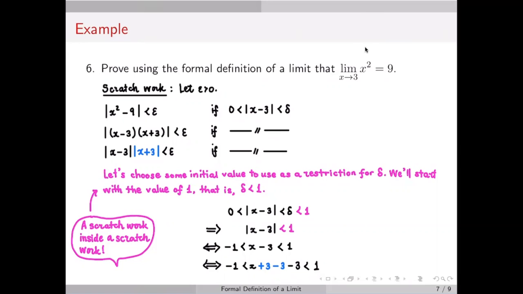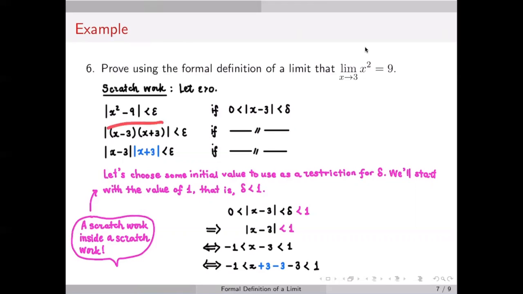For one, instead of using the word proof at this early point, we'll label it first as patchwork, and still start with let epsilon be positive.